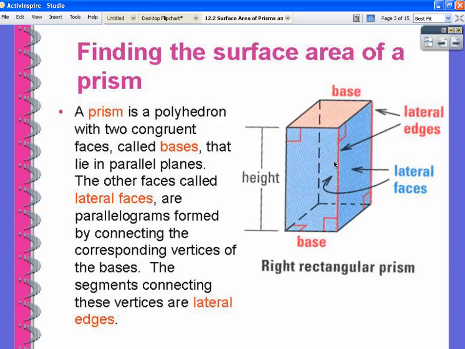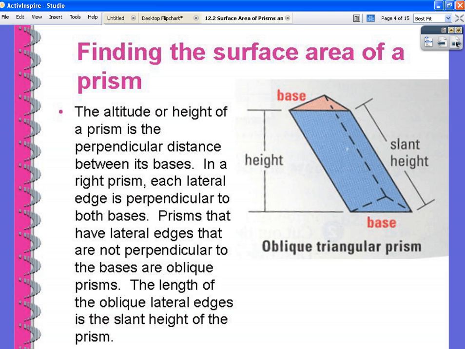Let's quickly take a look at what one looks like that's not a right prism. There's one that's not. It's squashed over to the side. That's what we call an oblique prism. Notice the difference. Notice that the lateral edges this time are not at a right angle to the coffee table. They're slanted, right? This thing is sitting on the base.